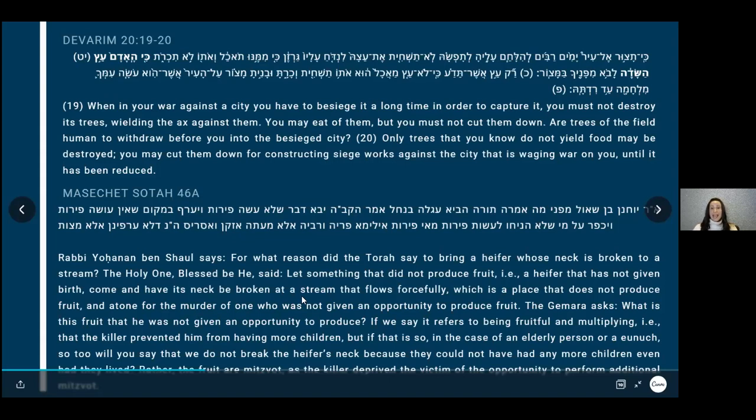So we're taking an animal that has not produced fruit, and we are metaphorically, symbolically juxtaposing that to a stream that's flowing forcefully, which also cannot produce fruit because of the force, because of the nature of where it's being placed. And what's it going to do? Those two elements atone for the murder of one who was not given an opportunity to produce fruit.